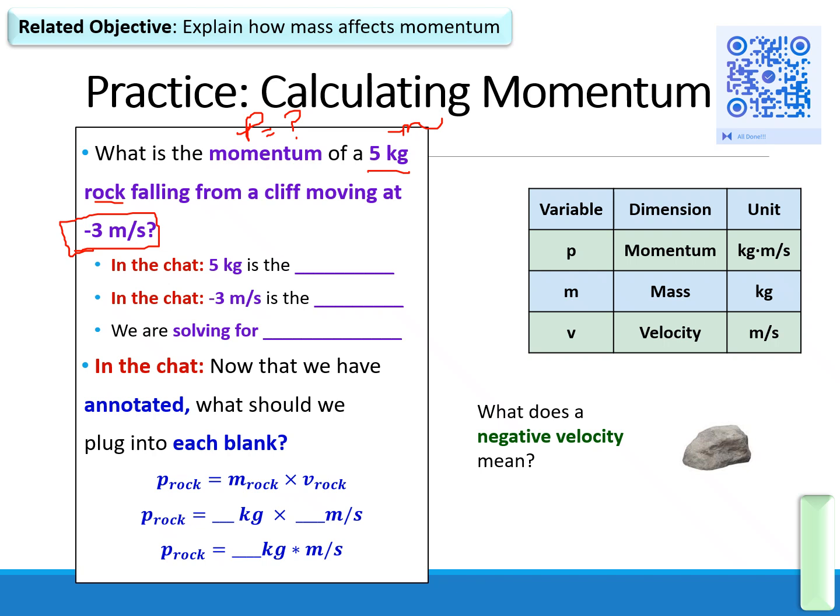Notice that it's negative because it's falling from a cliff, right? So that negative velocity means that it is falling downward. So again, we've got 5 kilograms, we have velocity of -3, and the momentum is a negative momentum, a -15.